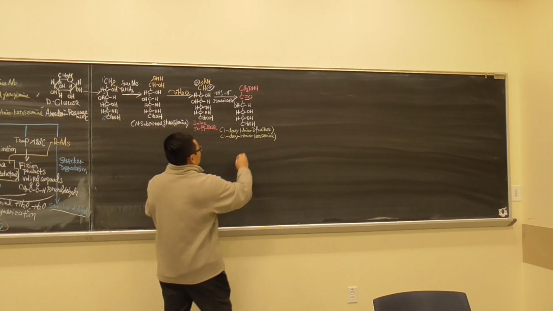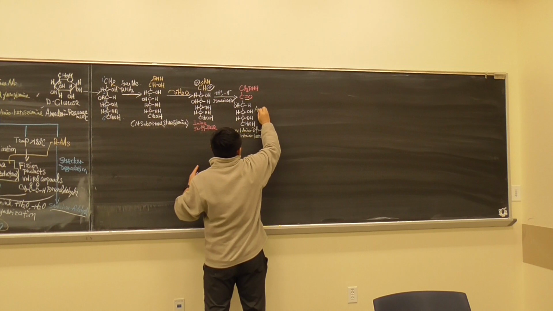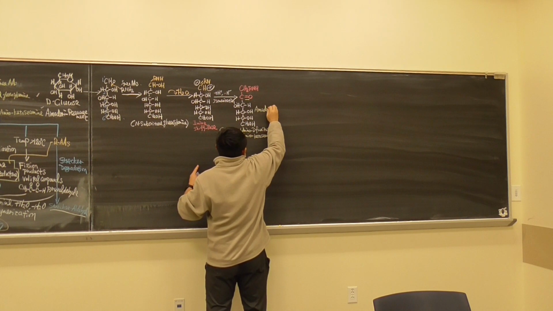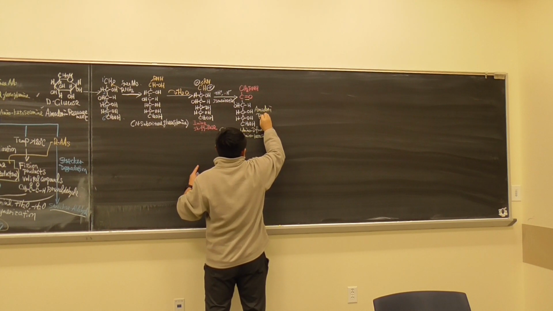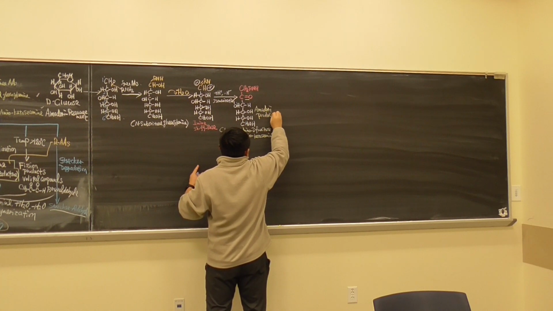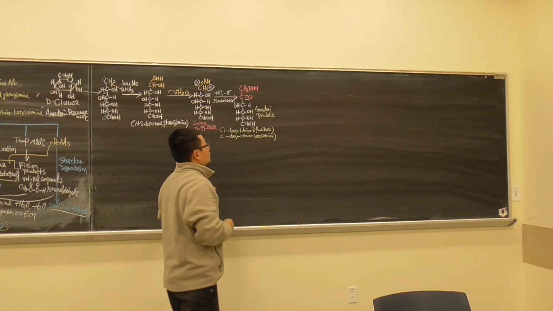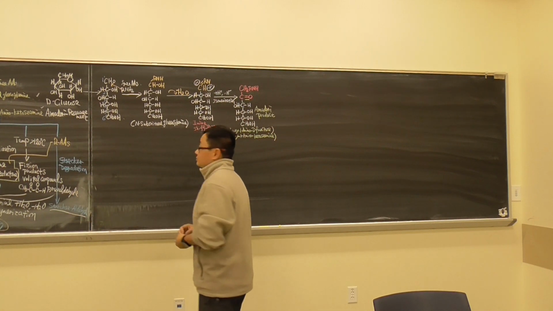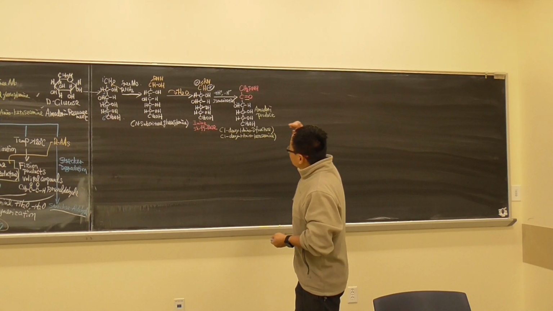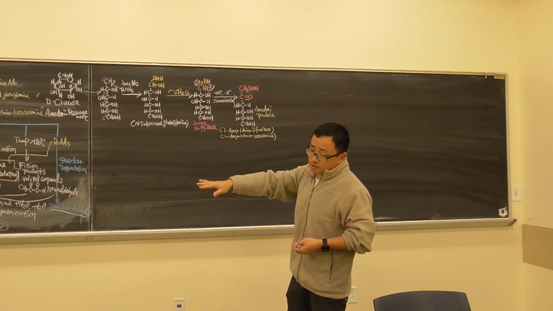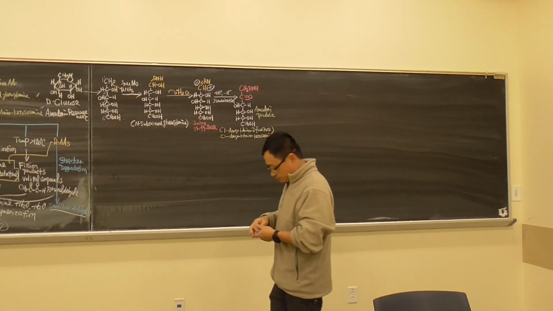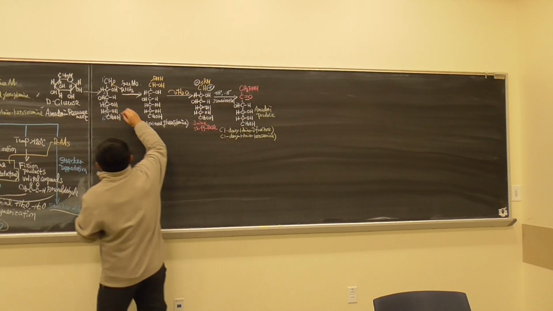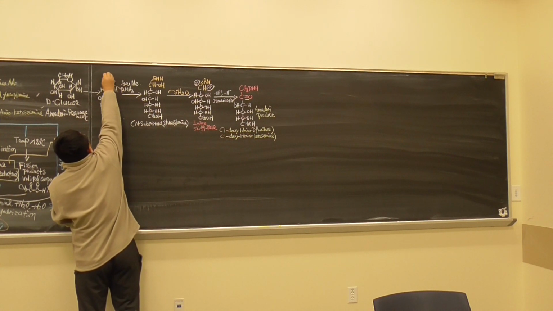Amadori products. Amadori rearrangement products. Now, there is something we want to mention. The Amadori rearrangement, the Amadori products, basically happens at carbon number 1.